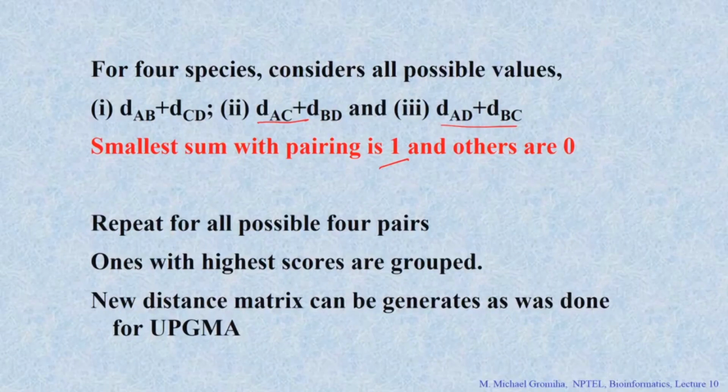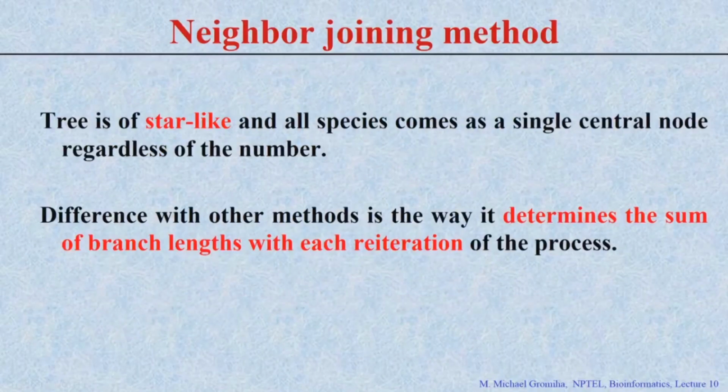Along with the UPGMA method, they considered special conditions to derive these trees. There is another method called the neighbor joining method. In this case, instead of going one by one, they make a star-like tree. Each species is connected, and then they see how far they can connect with each other regardless of these numbers.